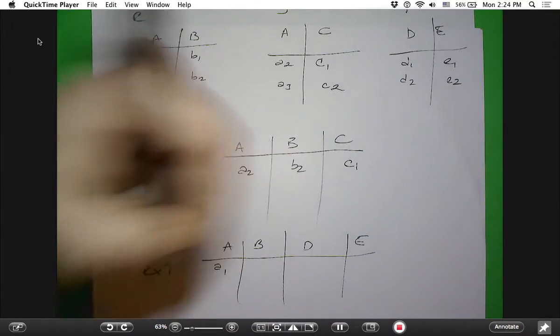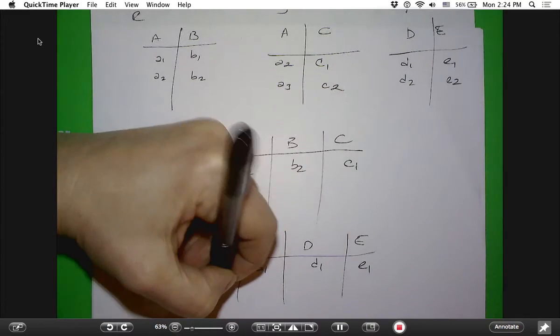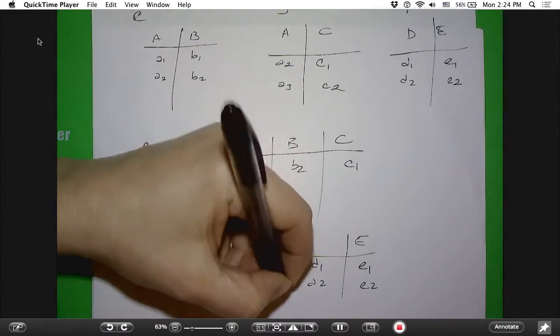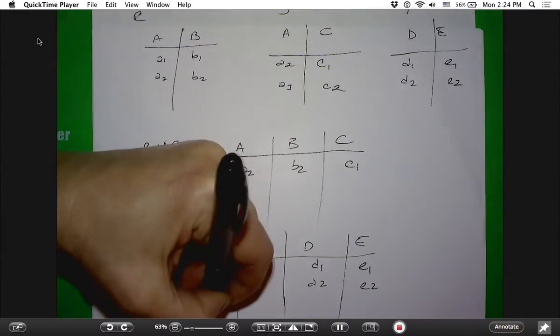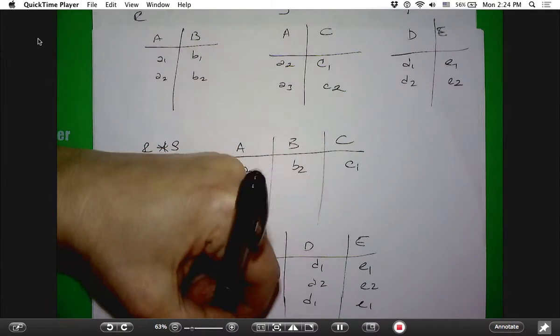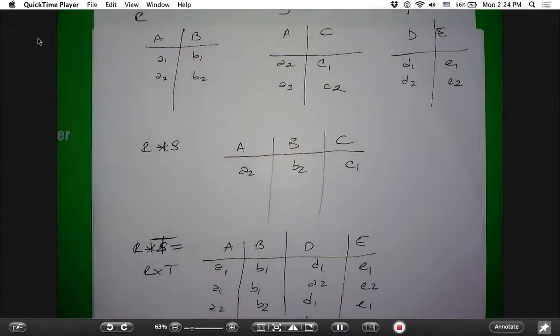So you're going to have A1, B1, D1, E1, A1, B1, D2, E2, A2, B2, D1, E1, and A2, B2, D2, E2. Remember that all joins are Cartesian product followed by a selection.